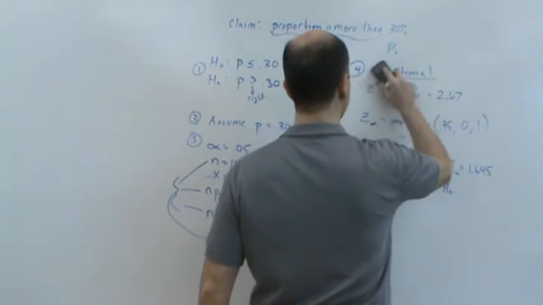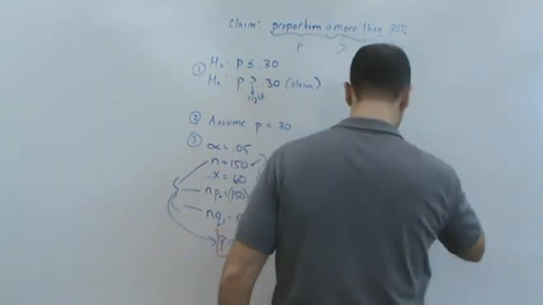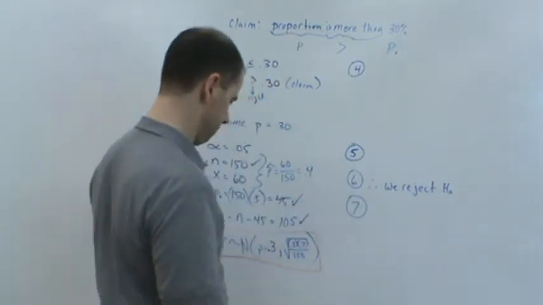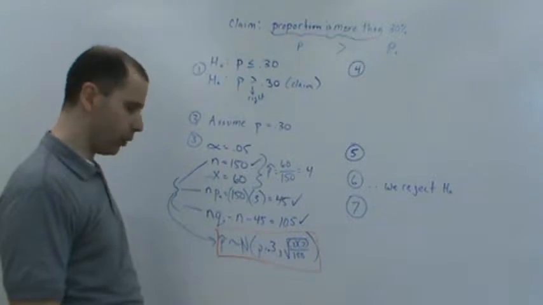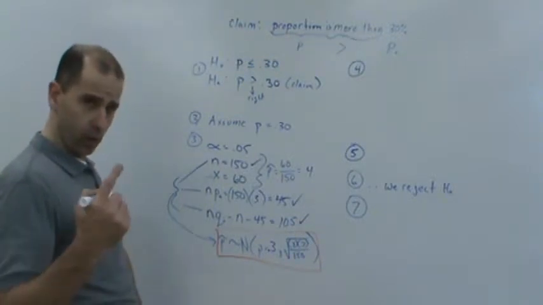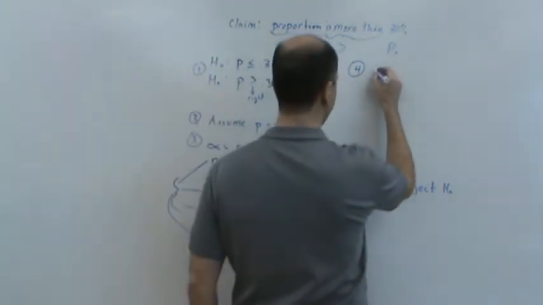So now let's look at the p-value method. So I'm just going to erase this. Now I'm going to use this distribution. I want to find the p-value.